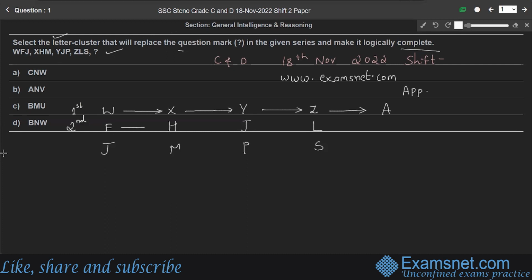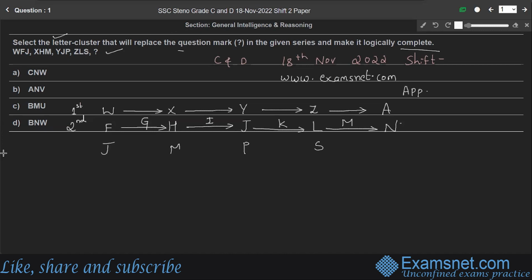F and H, in between F and H we have G, one letter. Then after H, we have I, one letter between H and J. Then after J, we have the letter K. After L, we have M. Therefore, the second letter of the last cluster will be N.